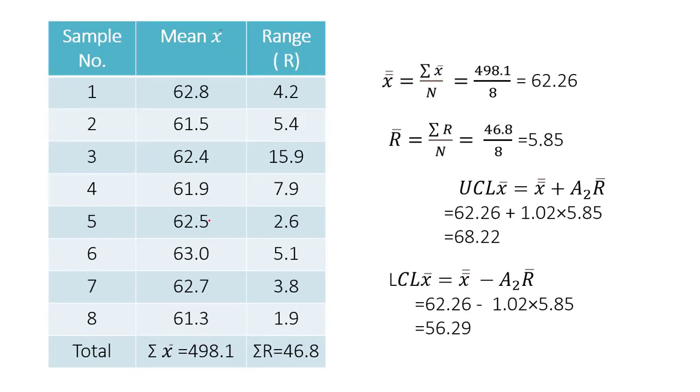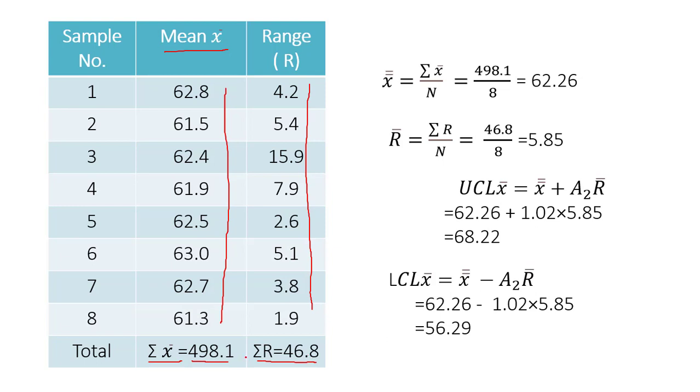First we need to find sigma X bar, that is the summation of all eight values given here. So this value will be 498.1, and in the same way we will find the summation of range, that is sigma R, which will be 46.8.